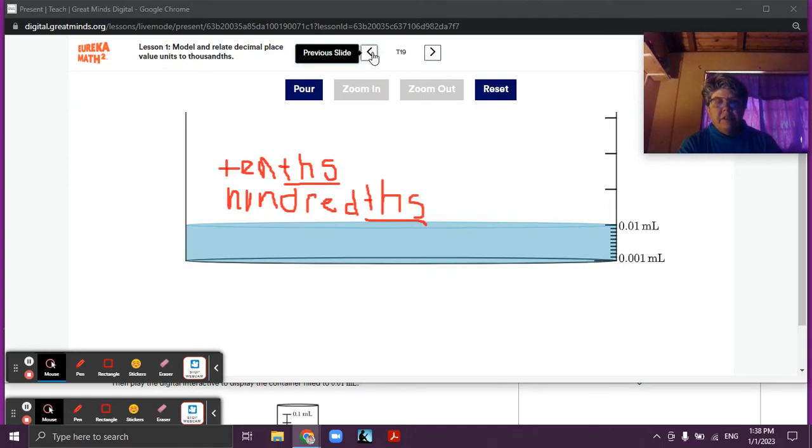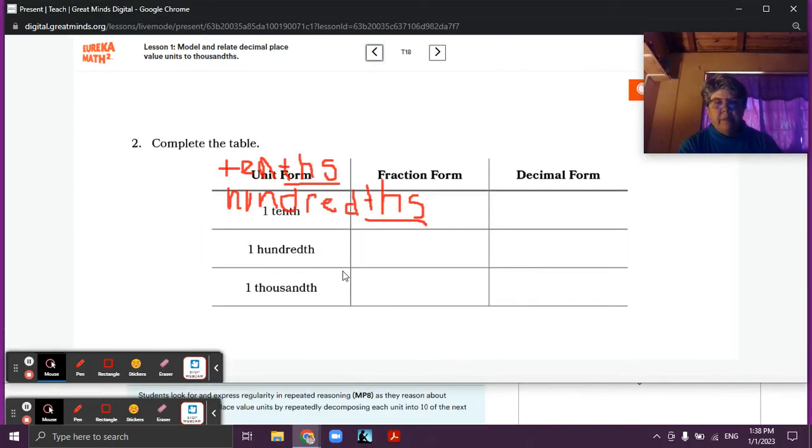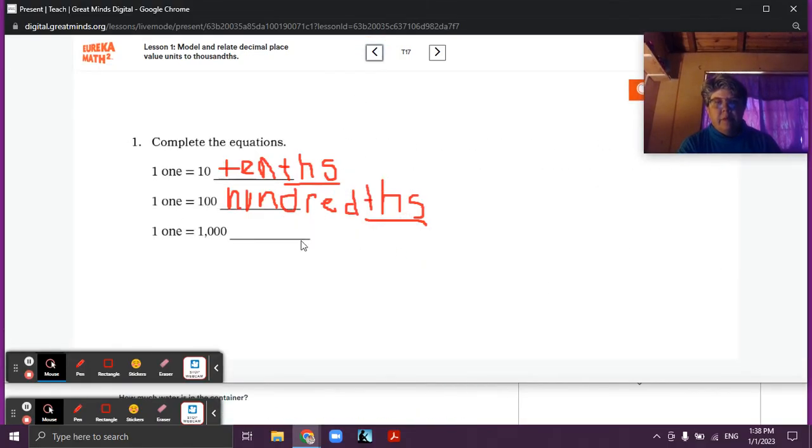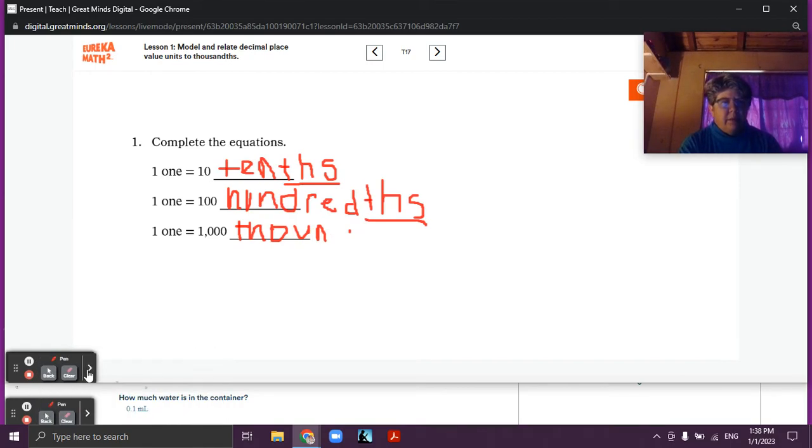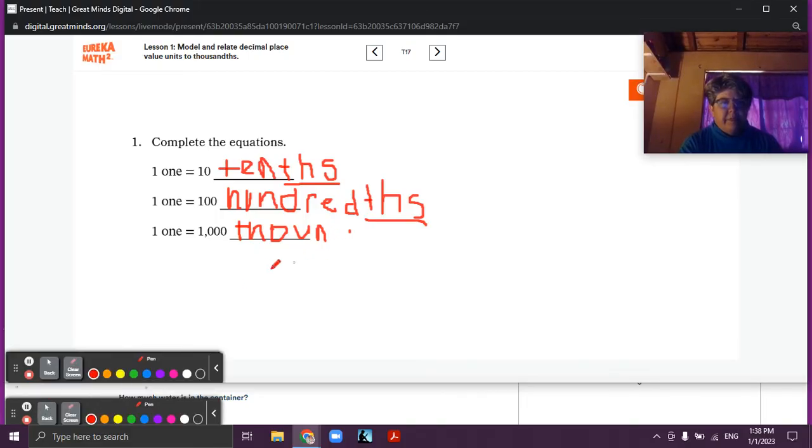Okay, so let's go back to our number 1 that we were working on. 1 is equal to 10 tenths, 100 hundredths, and 1,000 thousandths. So now we're going to write thousandths. Oops, I made a spelling mistake. Wow, and I can't find my eraser. So I'm just going to rewrite it down here.